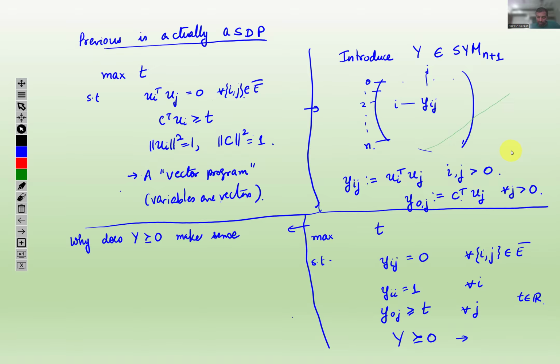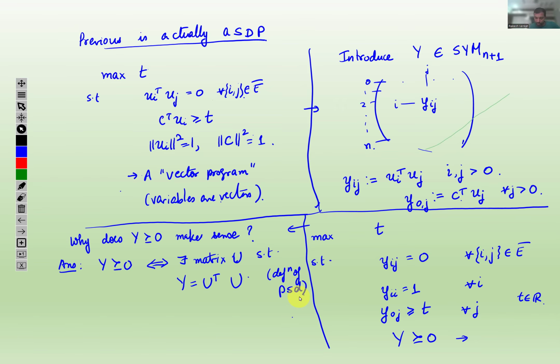Because if you recall, one of the definitions of positive semi-definiteness was that y being positive semi-definite is true if and only if there exists a matrix U such that y is equal to U transpose U. So this is the definition of PSD.